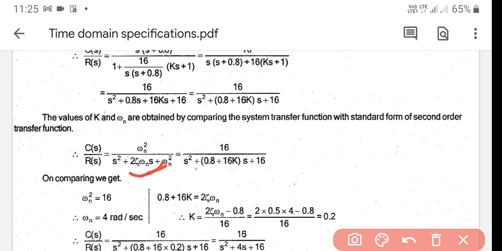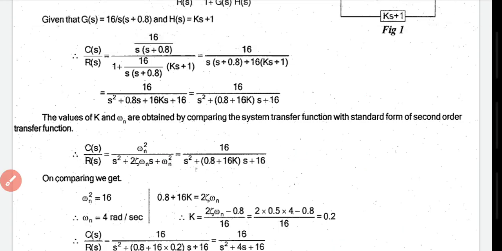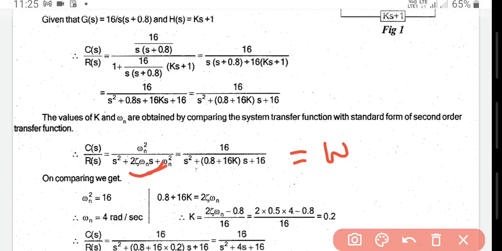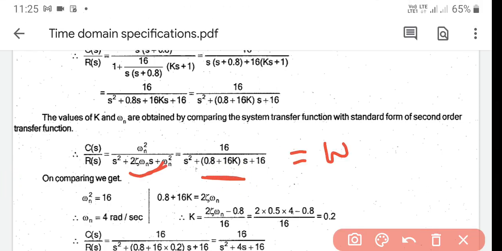So comparing these two equations, you can find the omega n value. Already you know the zeta value here, right? By comparing the s coefficient, 2 zeta omega n, you can calculate the gain value k. See how to calculate omega n and k.